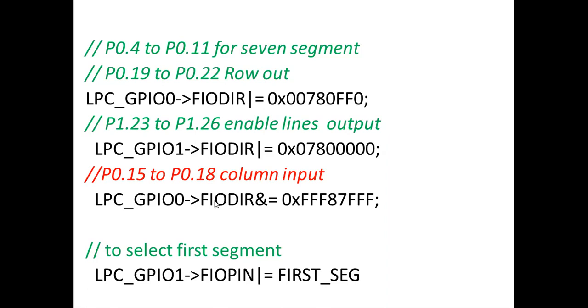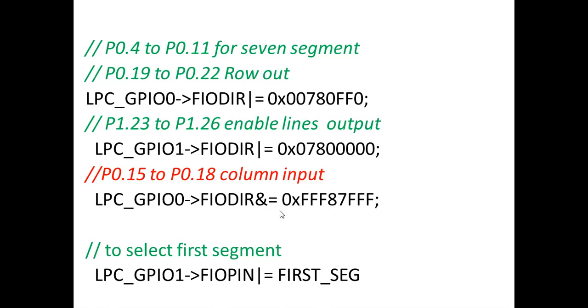And a very important point: the 15th to 18th pin of port 0 is an input port, because the microcontroller should read the status of the columns after every row scan. That's why these pins should be configured as input. Since this belongs to port 0, under the structure LPC_GPIO0, these pin positions must be made 0, whereas the remaining bit positions should be assumed as 1, and the value established is 0xFF87FFFF.